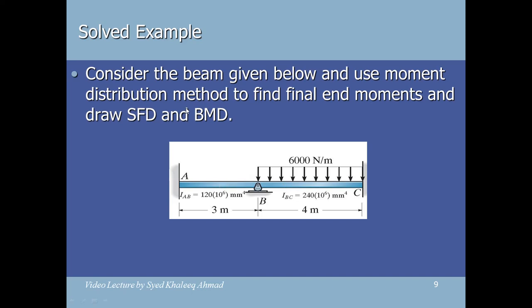So you have to use the moment distribution method and find final end moments and draw SFD and BMD for this beam. So first step will be that we will keep this joint B as fixed, and then based on that we will calculate the values of our stiffness factors, distribution factors, fixed end moments, and then we will go for applying all the steps.